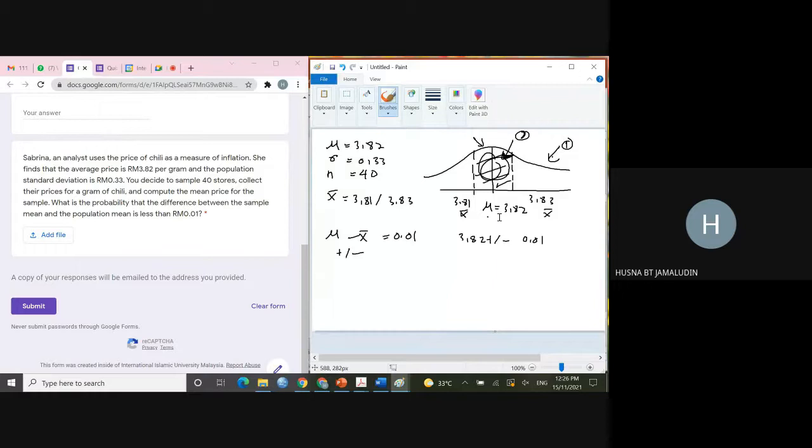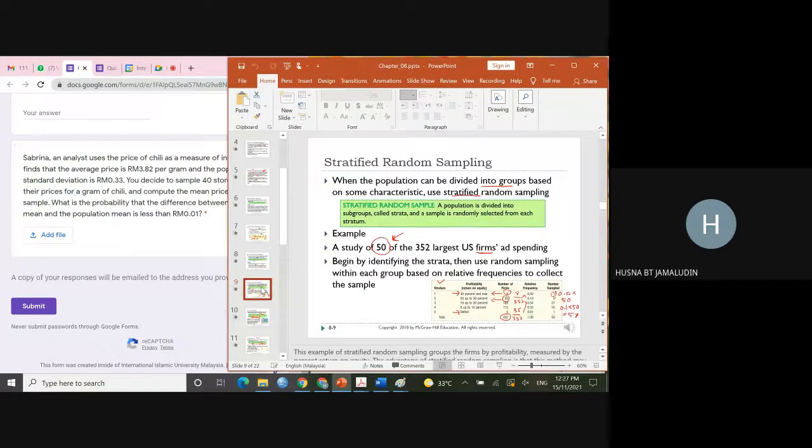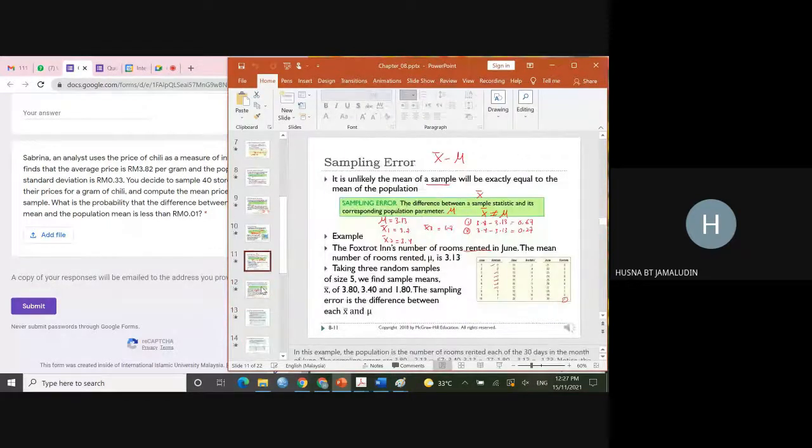They may also ask you, instead of asking the difference between sample mean and population mean, what is the probability that the difference in the sampling error is more or less than 0.01?